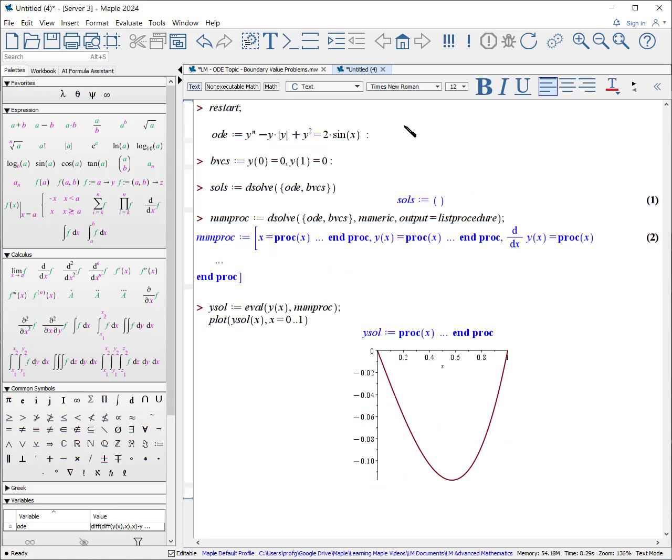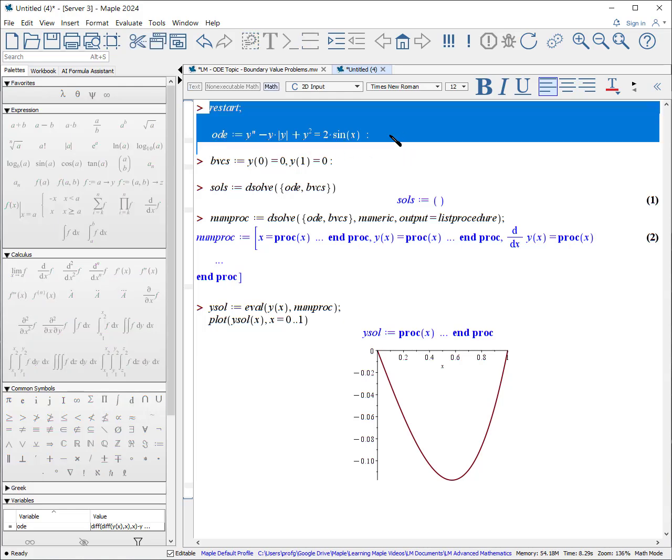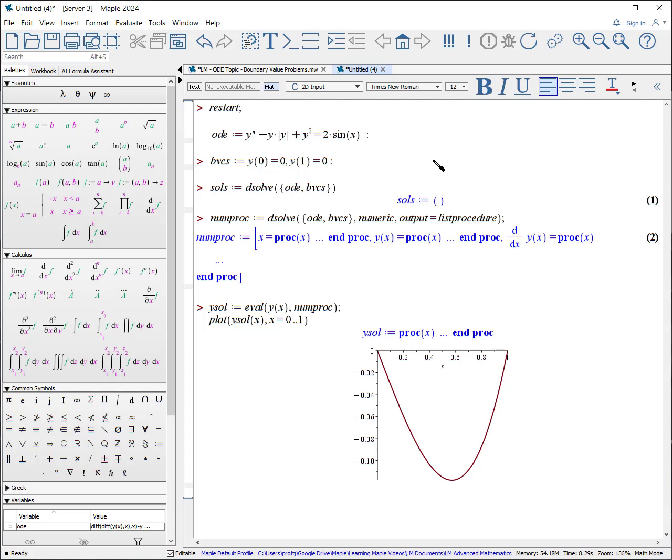This last part is mostly an aside to make us think about how Maple might solve some of these problems numerically. It basically starts by using the initial value problem and then using a parameter to satisfy both boundary value conditions. So let's say I've created this ODE here, and I have my boundary value conditions, y of 0 equals 0 and y of 1 equals 0.